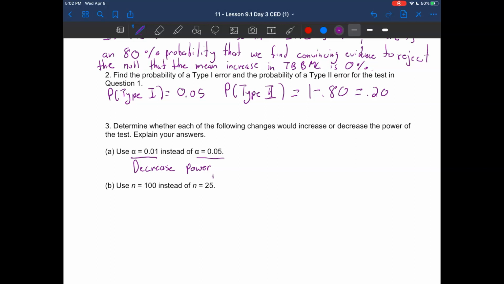Remember, if we make the significance level smaller, it makes it harder to reject the null hypothesis. A smaller significance level makes it harder to reject.